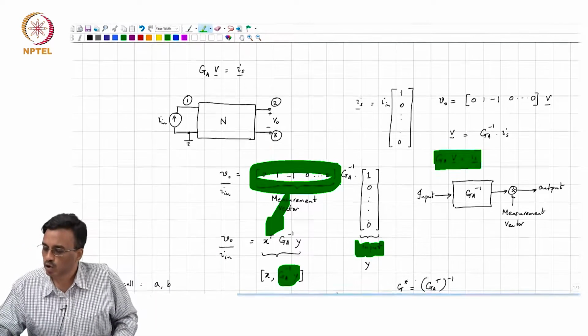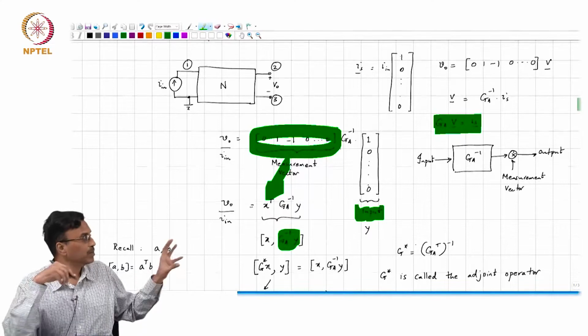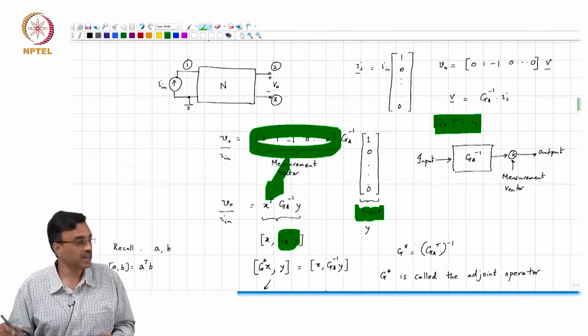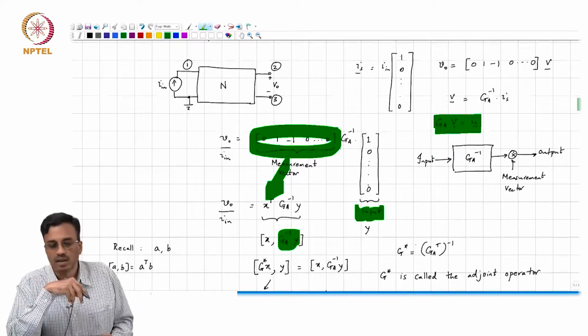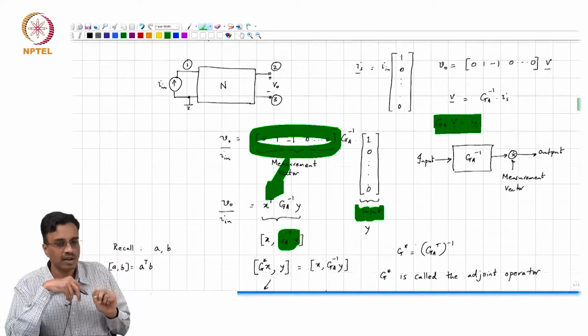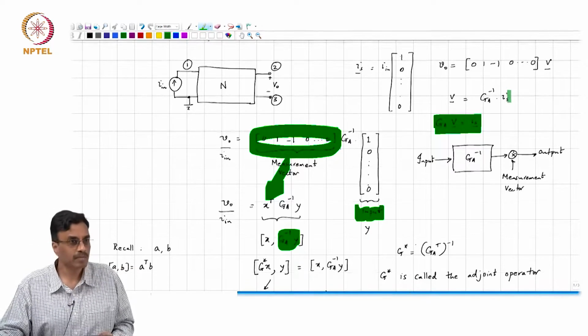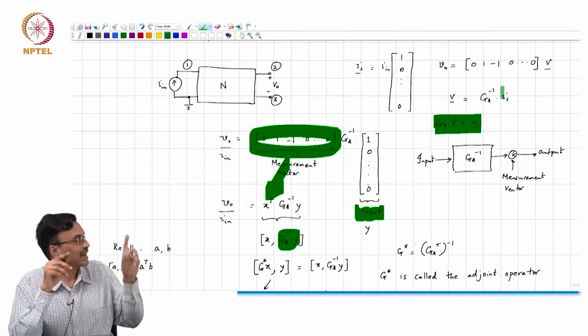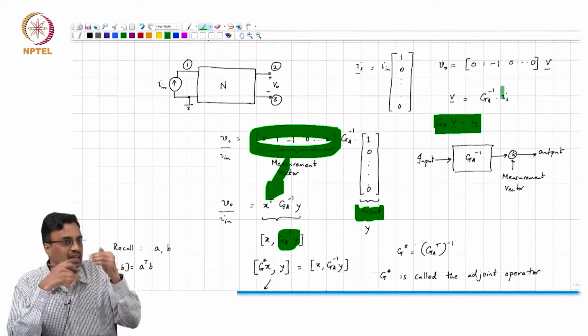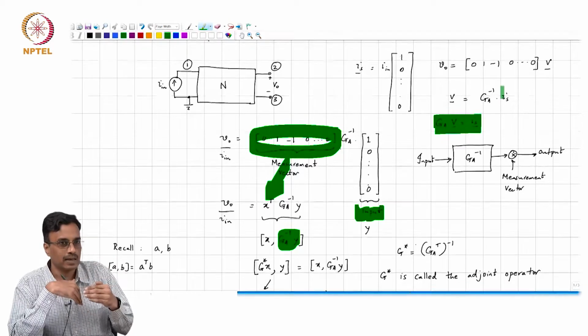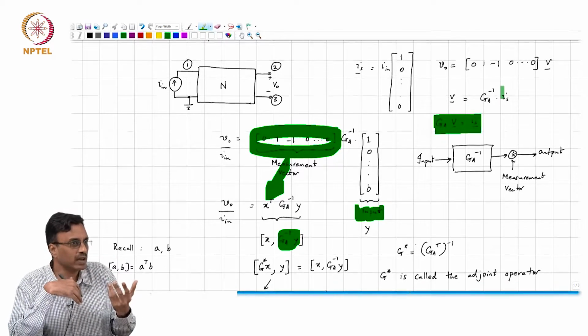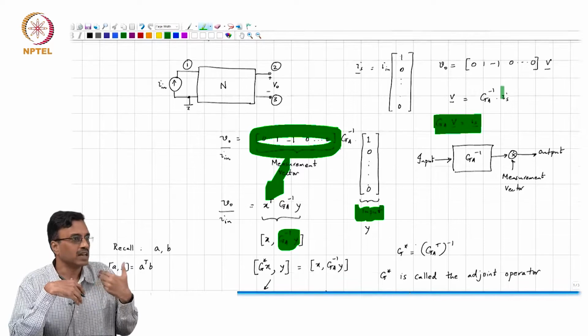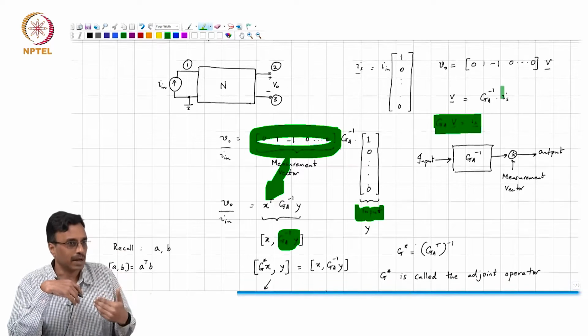Okay. So, when we have multiple input sources, as we were discussing yesterday, to do this by superposition is equivalent to finding GA inverse times IS for each source separately. So, in effect what we are doing is computing the inverse multiple times.